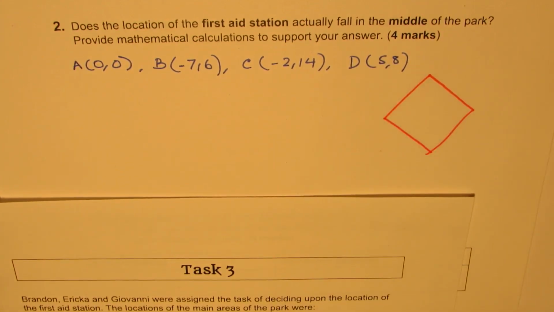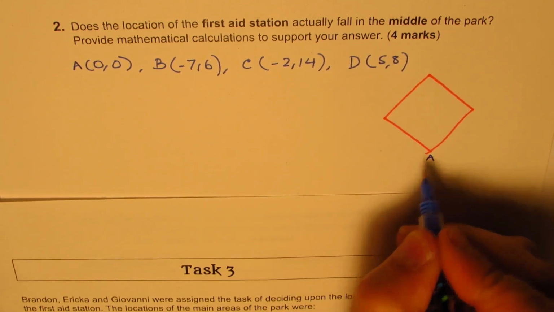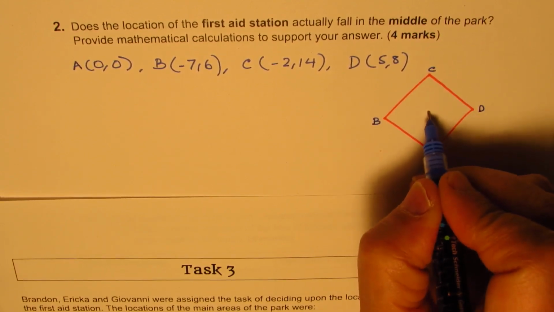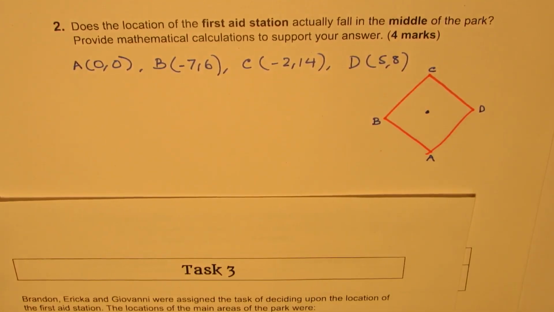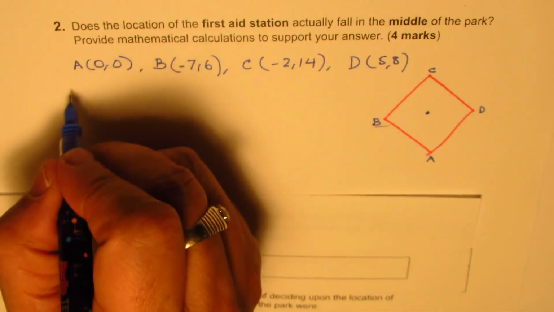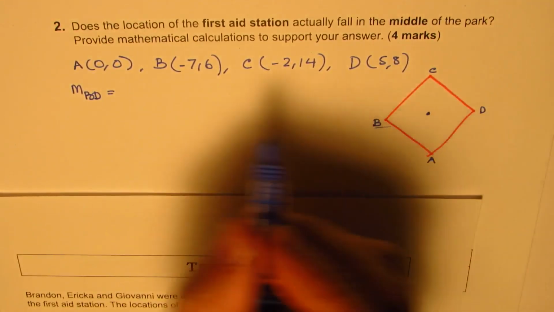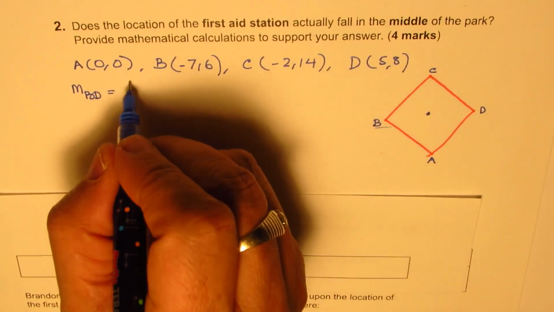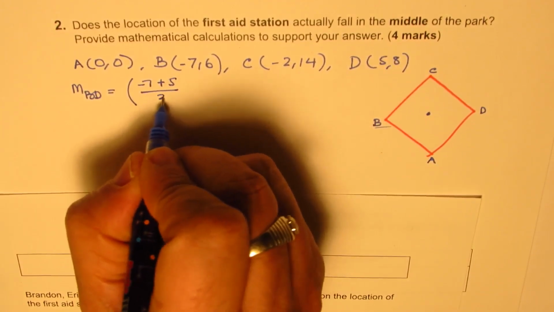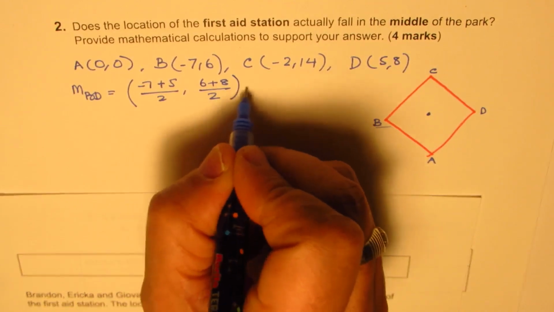We have something like this, where these points are A, B, C, D. And we want to find the midpoint. So let's find the center of BD. The midpoint of BD will be the average value of B and D. So -7 plus 5 divided by 2, and for the y value, 6 plus 8 divided by 2.